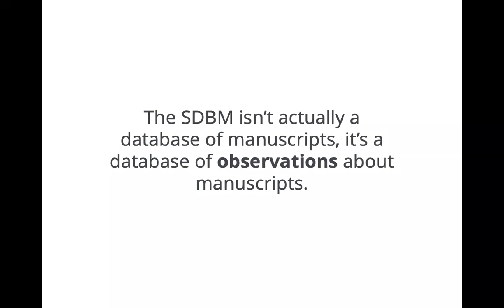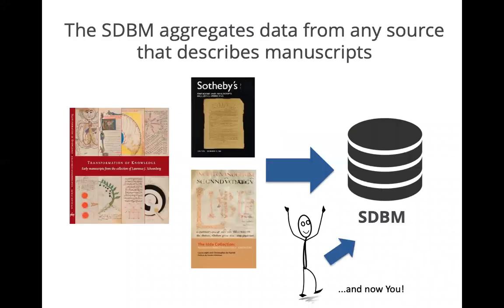We're really a database of observations about manuscripts. We're taking our data from secondary sources most of the time. It's rare that we at the database actually have a manuscript in front of us when we're creating data. Our goal is to one day have at least one observation of every manuscript in the world. So we have a lot of work to do, and I hope you all will help us achieve that goal.